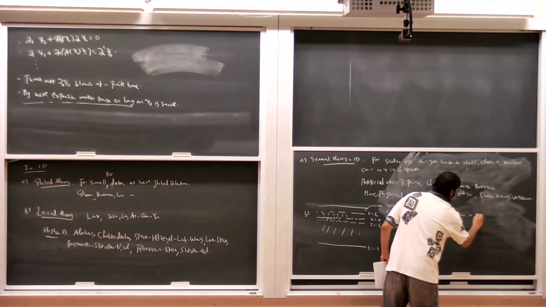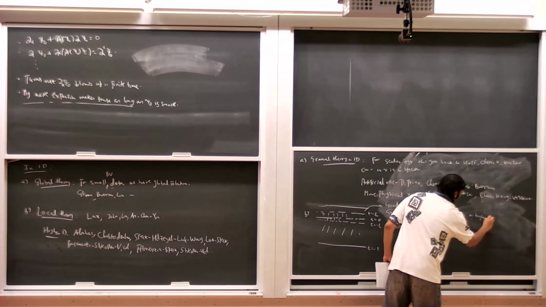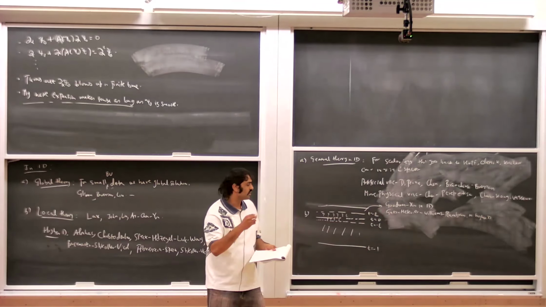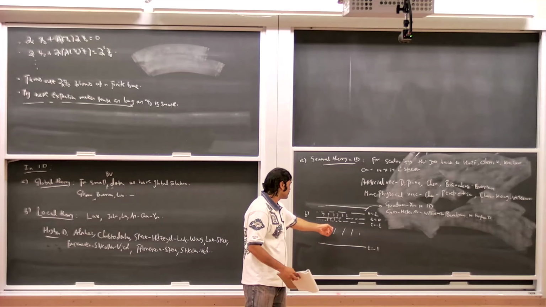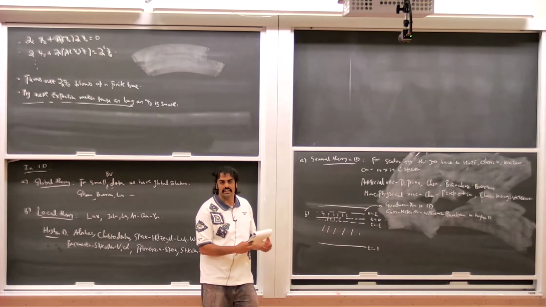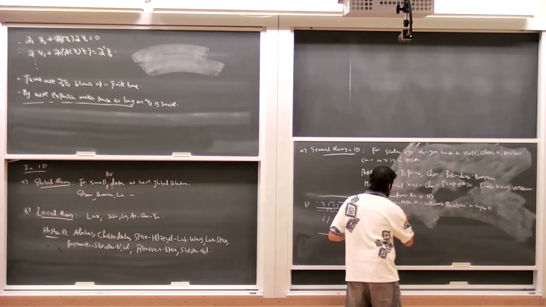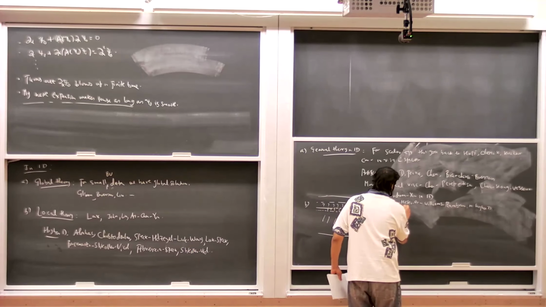So this is in higher D. There's a well-developed shock, and then around the shock, so you have the usual expansion away from the shock, and near the shock one has to do a matched asymptotic expansion.